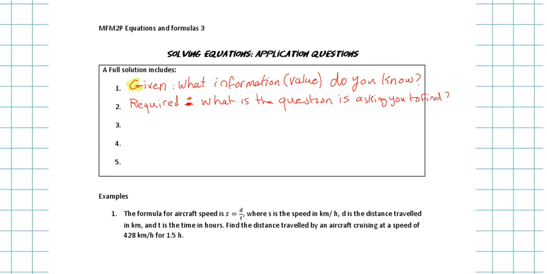Third is the analysis. What analysis stands for is what formula are you going to use. Okay? Most of the time the formula is given to you, but sometimes you have to find the formula, or you have to pick a formula to use.